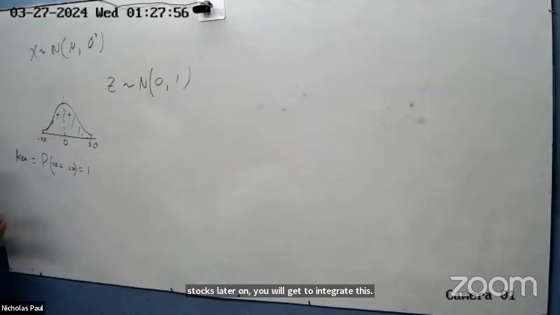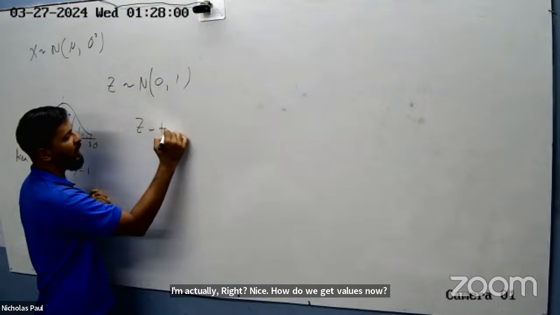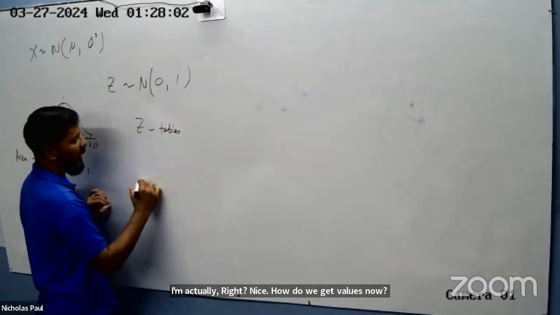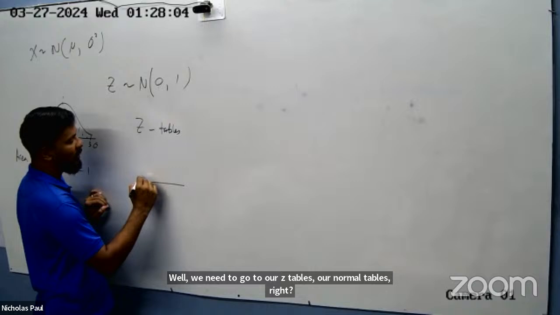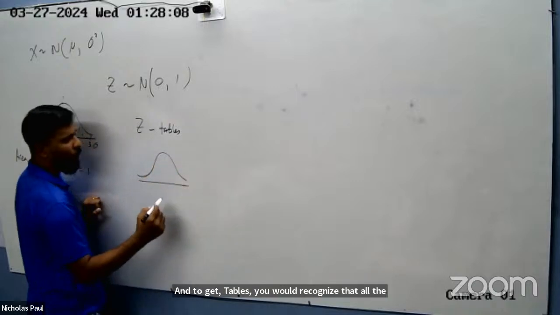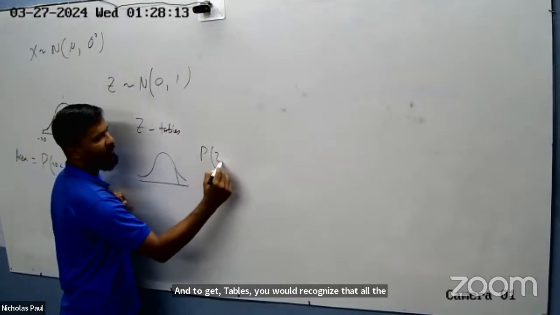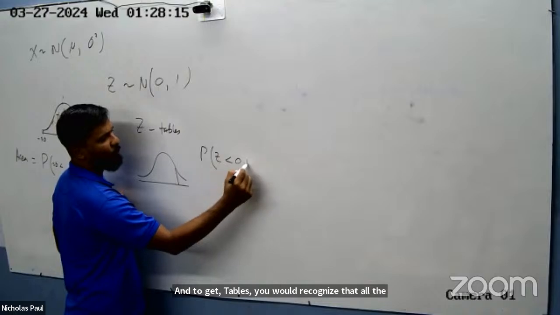How do we get values now? Well, we need to go to our Z tables, our normal tables. To get the values in tables, you would recognize that all the probabilities are less than. Let's say you want the probability of Z is less than 0.1.